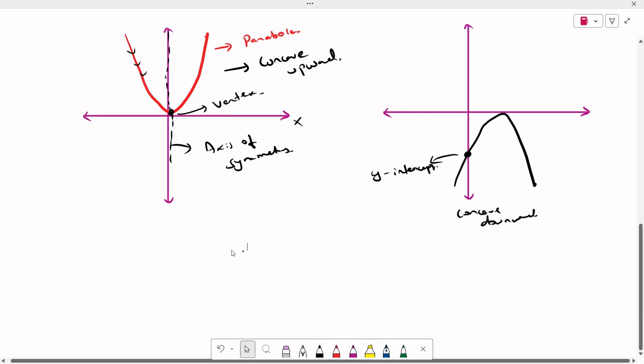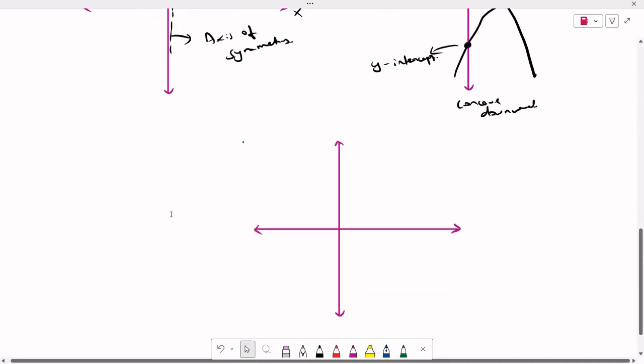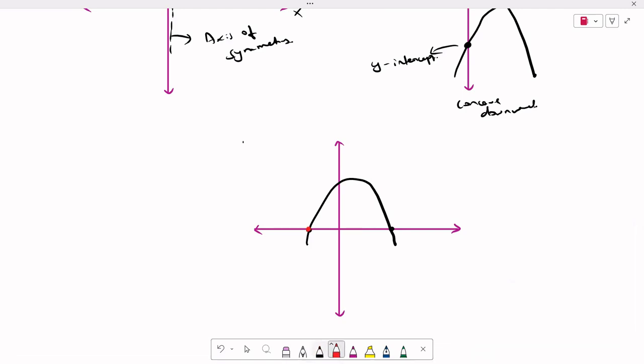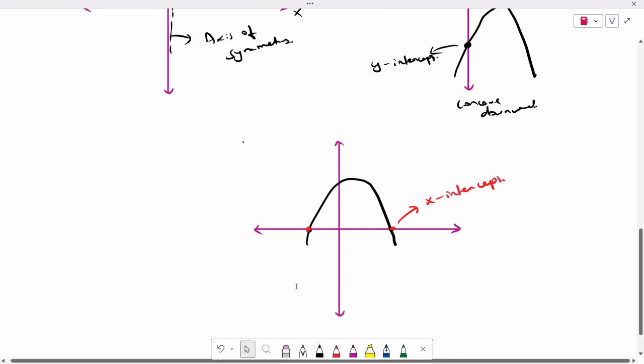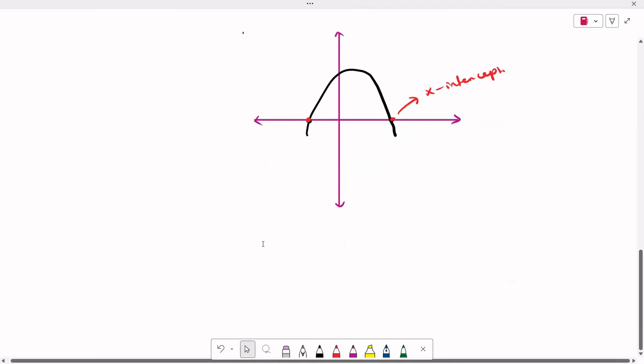So for example, if I have a parabola that looks like this, these two points are your x-intercepts.